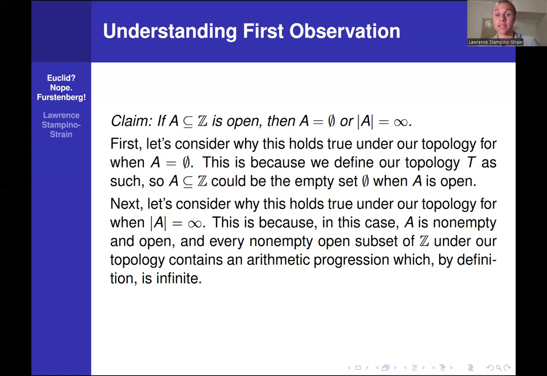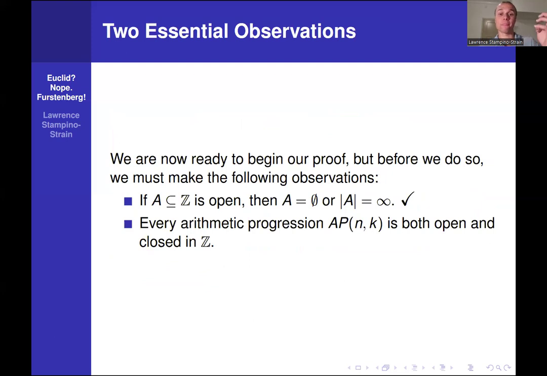So if A is non-empty and open, then A is infinite because it contains an arithmetic progression, and this arithmetic progression is infinite by definition. Thus, our claim holds true, right? So our first observation, we just showed that it's true, so we can put a little check mark next to that.